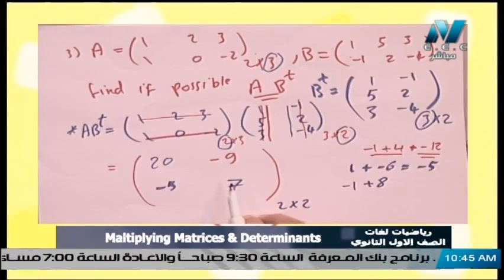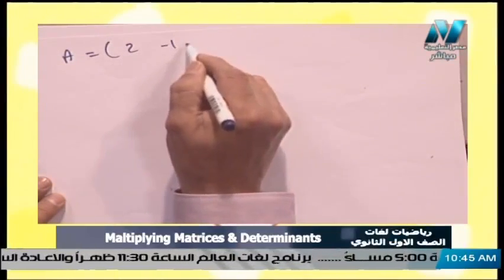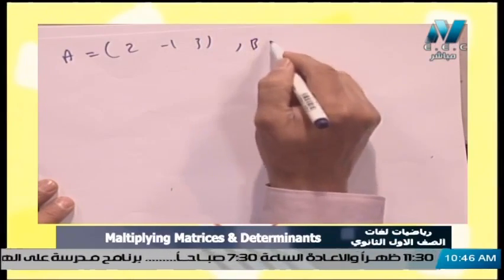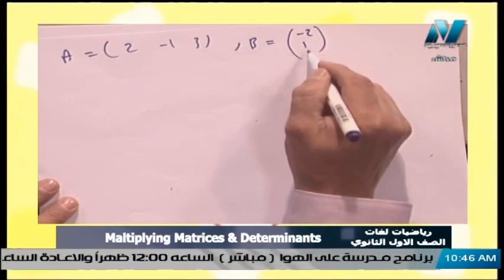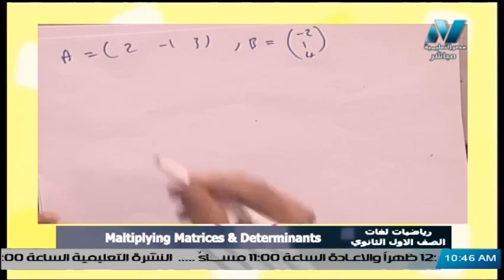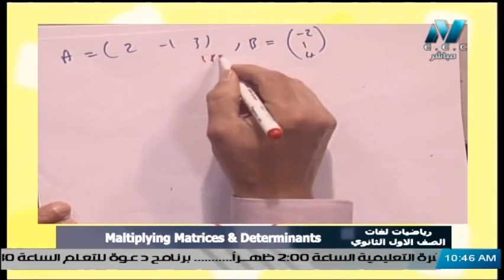Let's move to another question. We have another question for you. If we have A here equals 2, negative 1 and 3, and we have B equals negative 2, 1 and 4, the order of this A matrix will be one row by 3 columns.